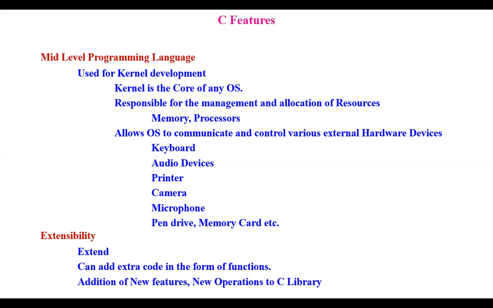So this is an addition of new features and new operations to the C library. The already available C can be extended with the help of the functions we develop. That sort of facility is there.